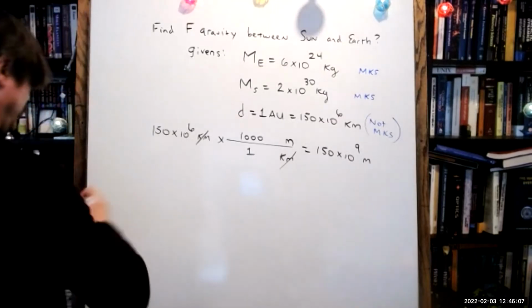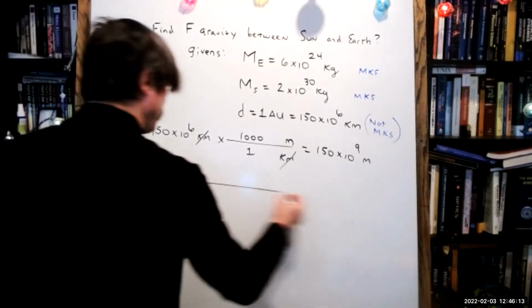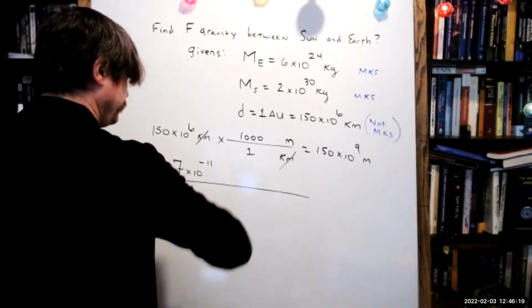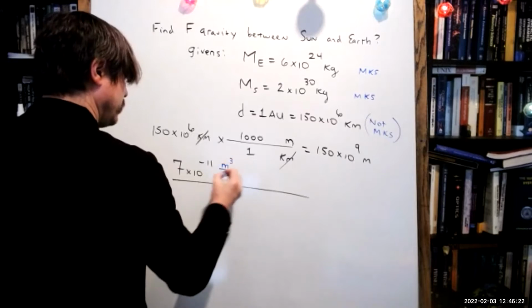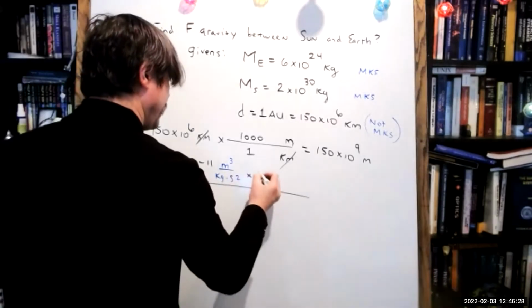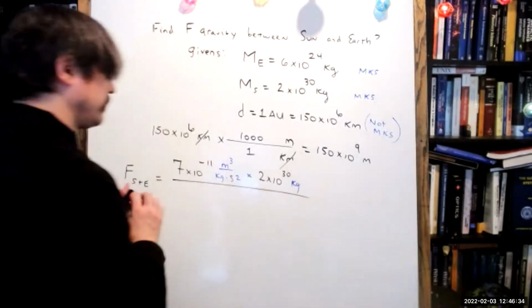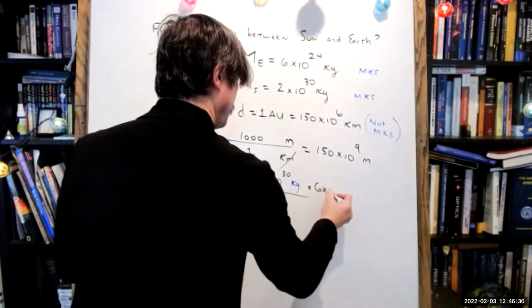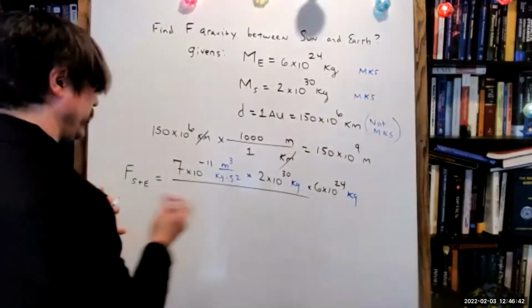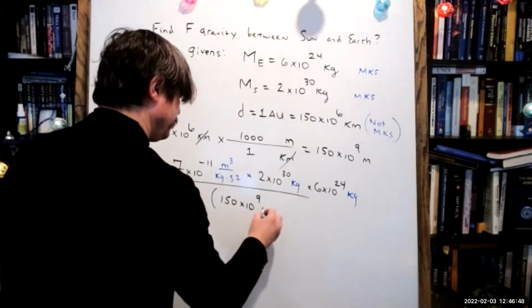Now I will plug it into my formula. Force of gravity between the sun and the Earth is 7 times 10 to the minus 11 meters cubed per kilogram per second squared, times the mass of the sun, 2 times 10 to the 30 kilograms, times the mass of the Earth, 6 times 10 to the 24 kilograms, divided by 150 billion meters squared.